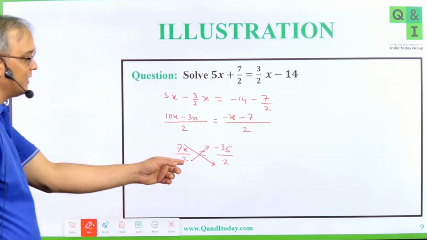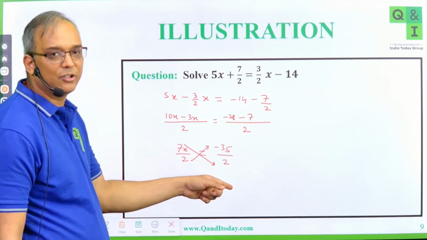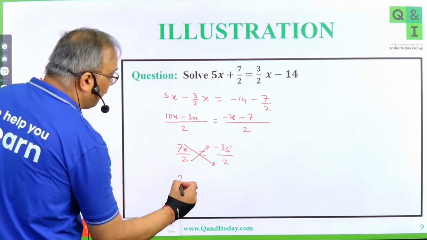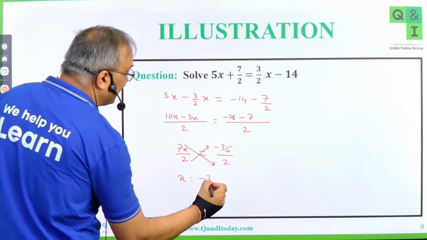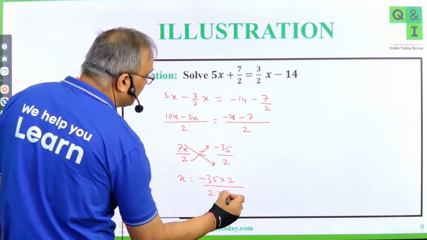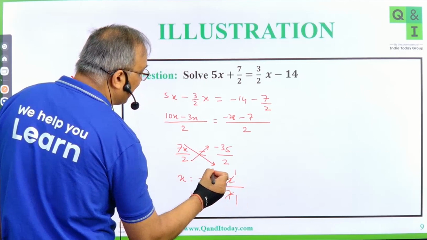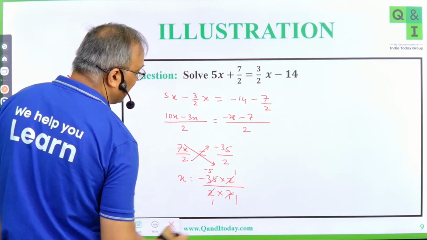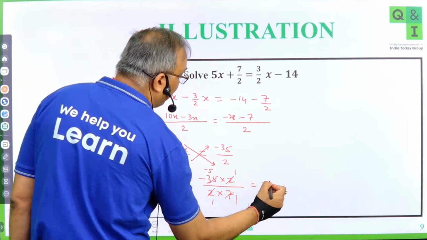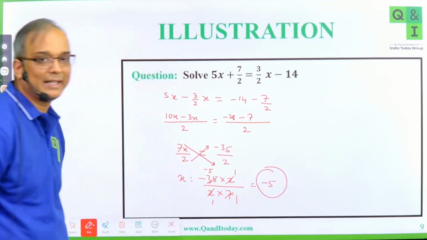Division will get multiplied on the other side and multiplication will get divided on the other side. So the value of x is minus 35 into 2 divided by 2 into 7. 2 gets cancelled and 7 times 5, negative sign. So the value of x is minus 5. So minus 5 is the correct answer.